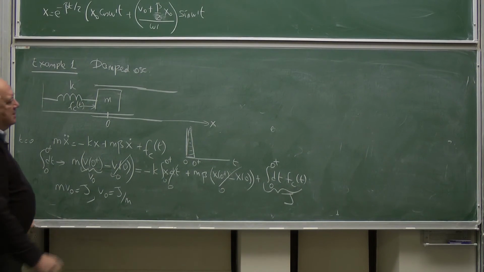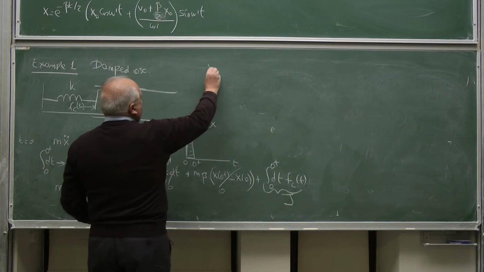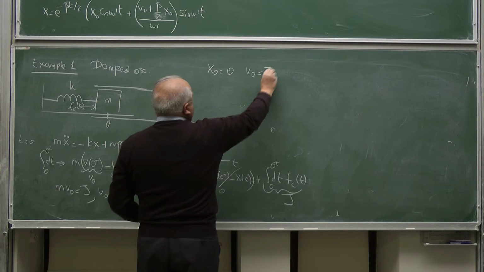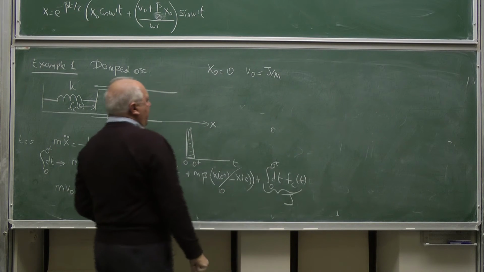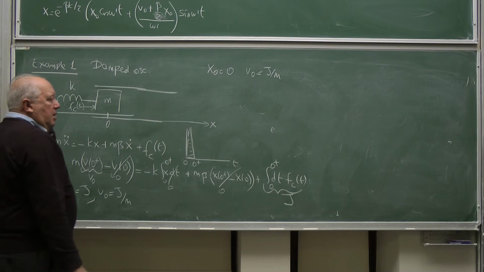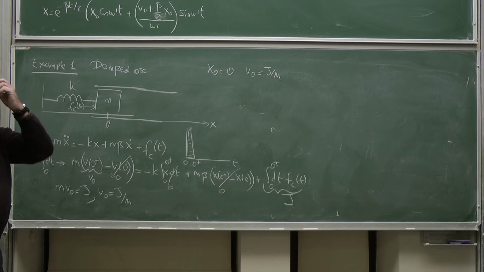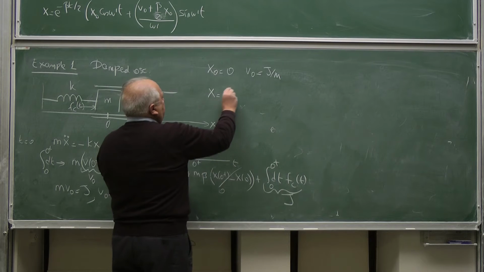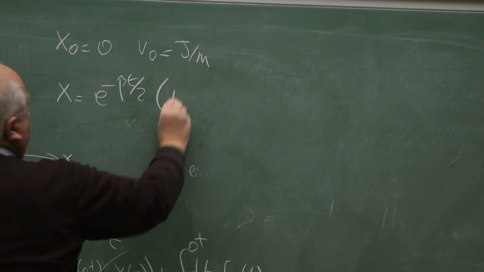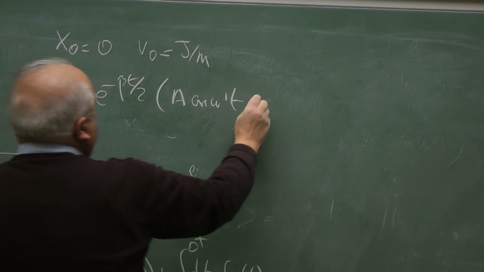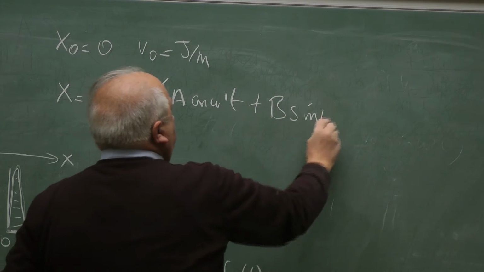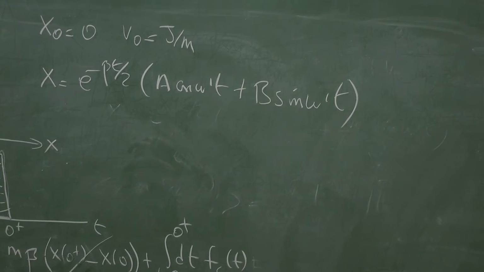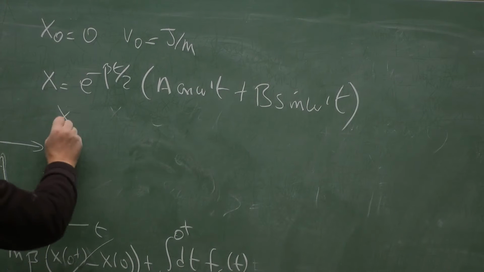So our oscillator's initial position is 0, and initial velocity is j over m. And let's find the solution. Although I've written the solution before, still it's a good exercise. Let's do it. x equals e to the minus beta t over 2 times a cosine omega prime t plus b sine omega prime t. And x0 is 0.